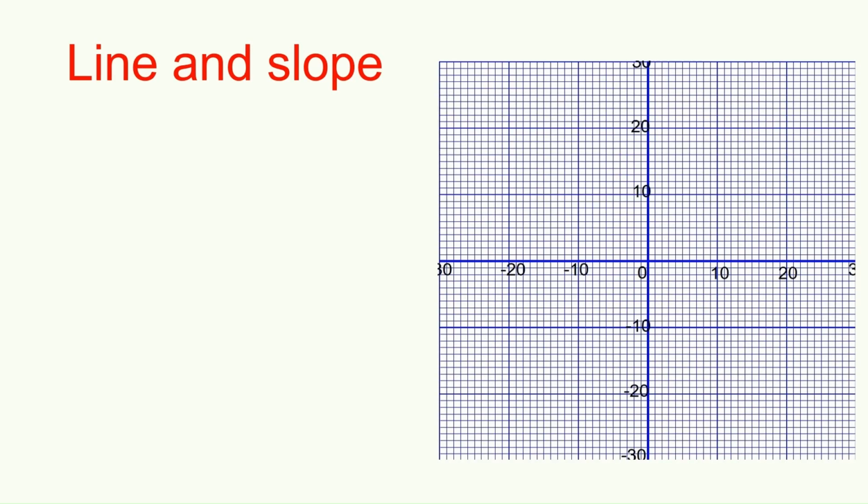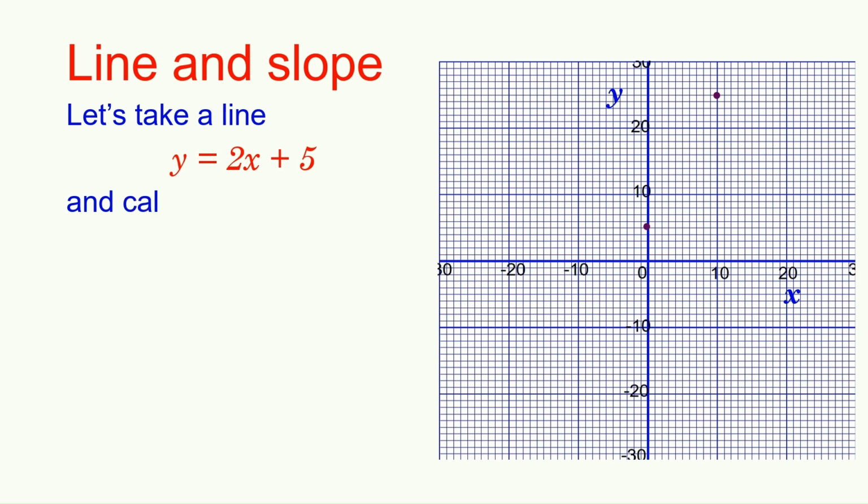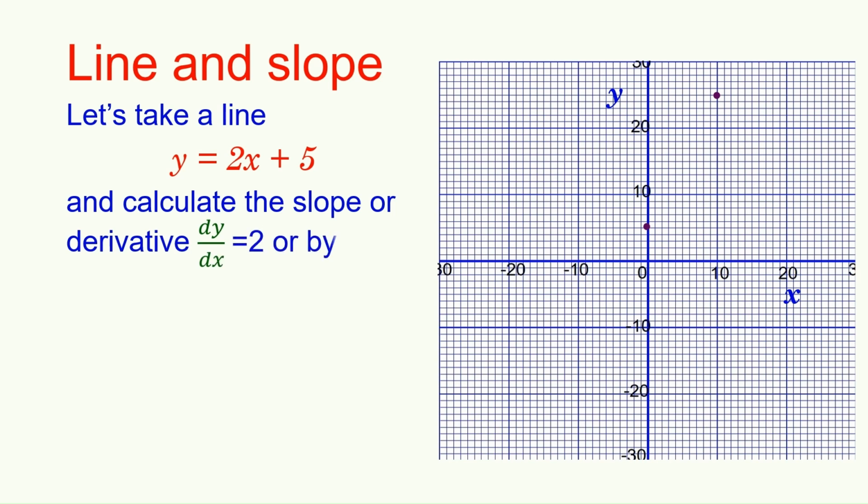Line and slope. Let's take a line y equals 2x plus 5 and calculate the slope or derivative. dy/dx equals 2.